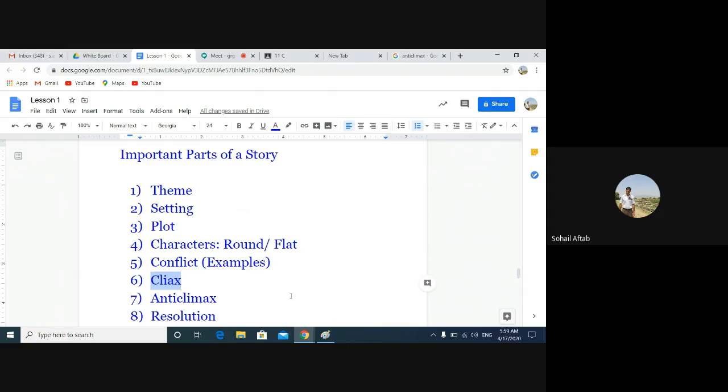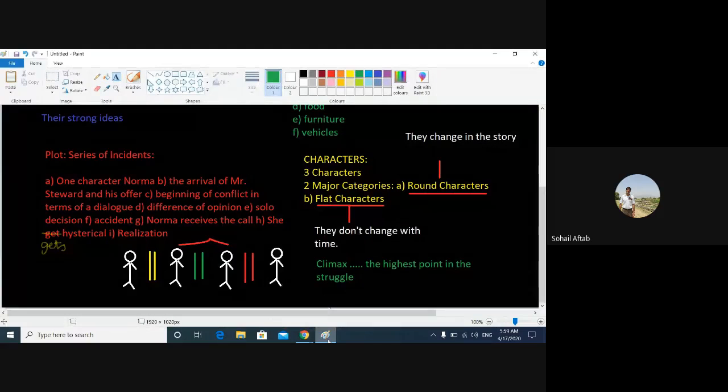And the resolution of the story, where the story comes to its end, is when Norma realizes that she never ever fully knew her husband. Okay, so that is my evaluation of the story.